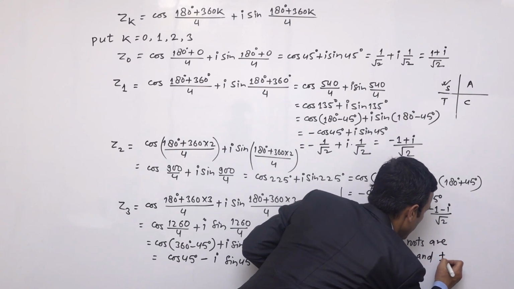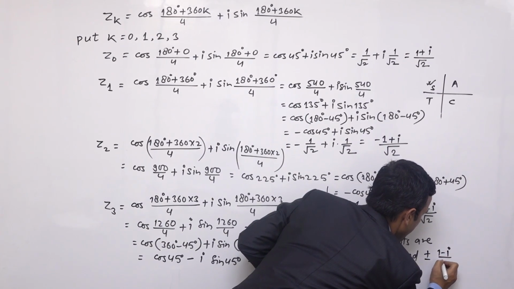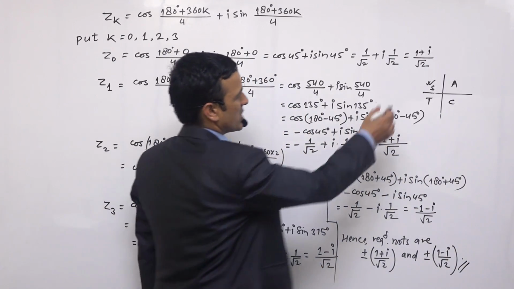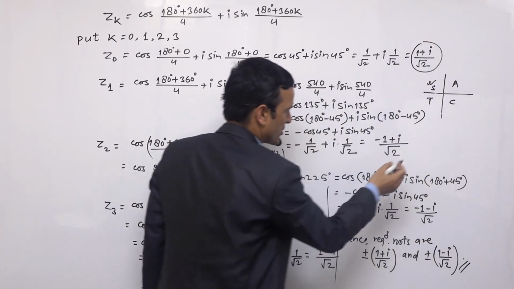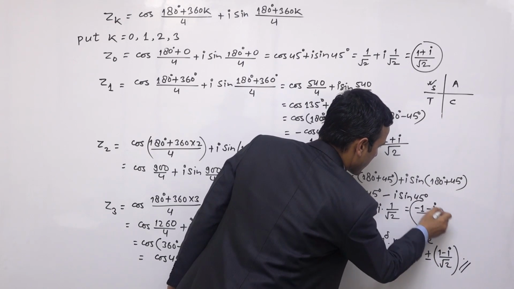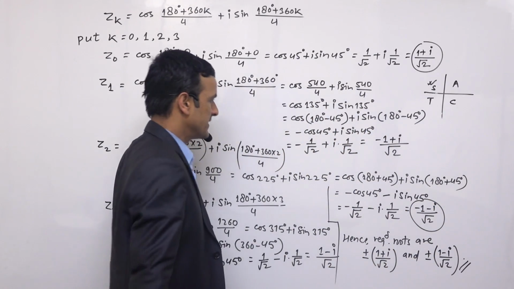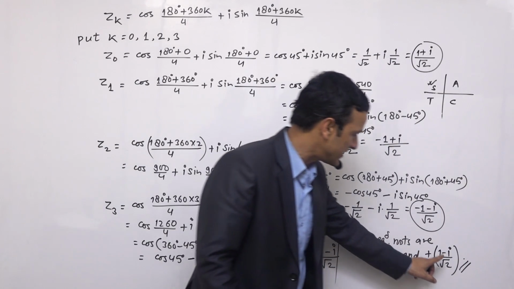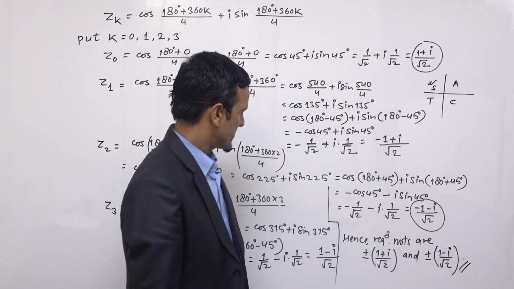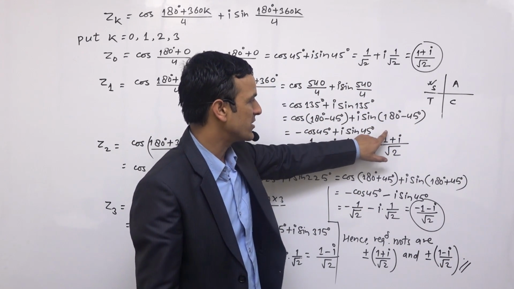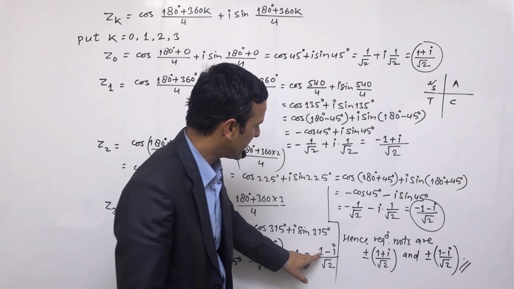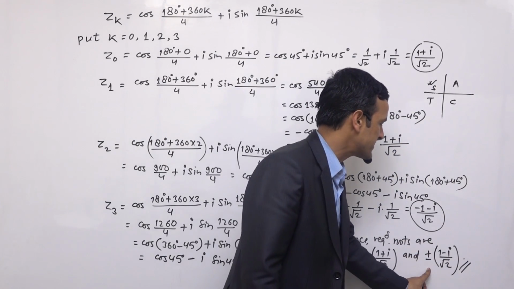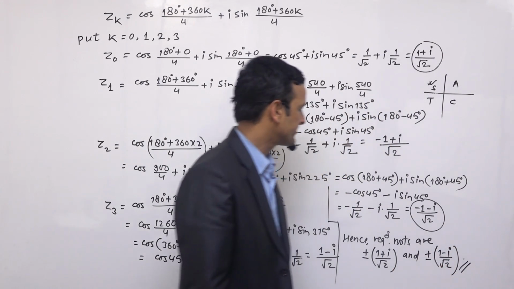So we can write plus minus (1 minus i) by root 2. So these are the solutions. Combining this solution and this solution gives this solution. Similarly, this solution and this solution, if you combine, then we get this term. So if you take minus common, then it will be (1 minus i) by root 2. Here is also (1 minus i) by root 2. So it will be plus minus (1 minus i) by root 2.